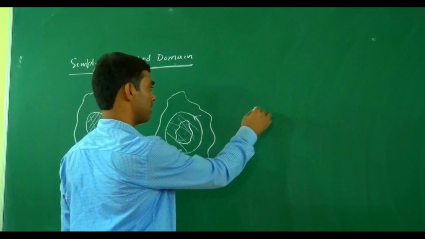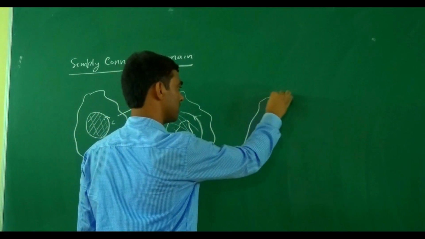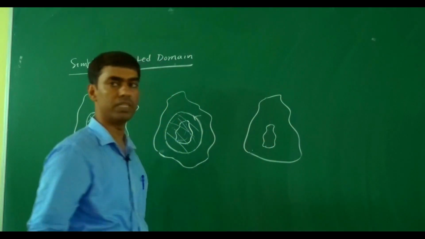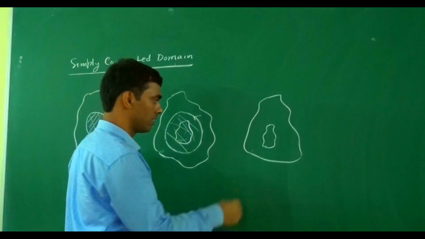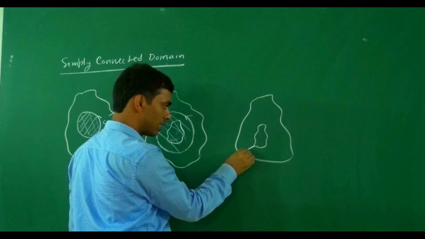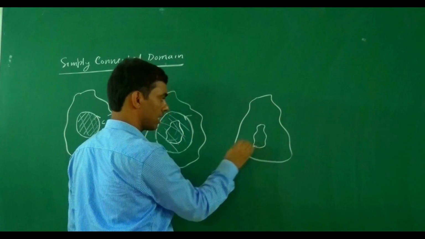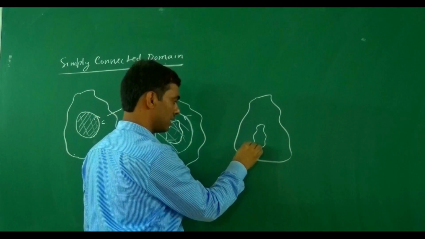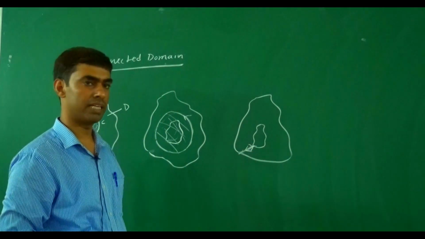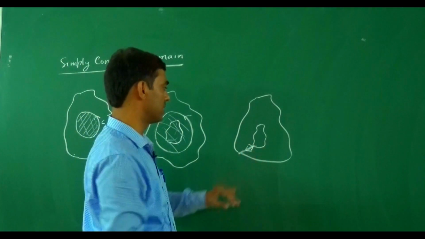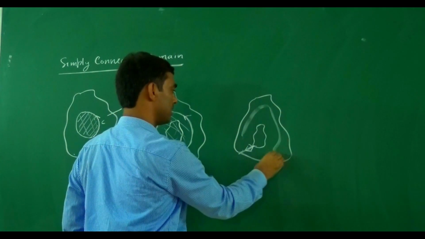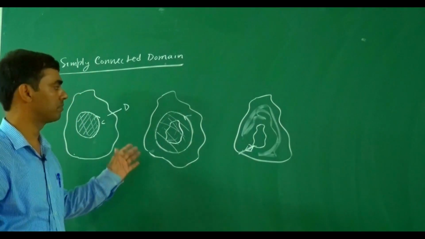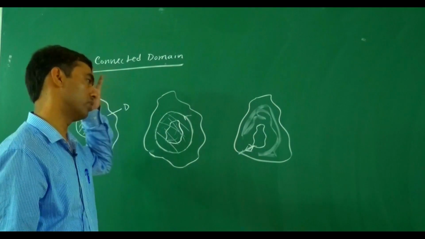If we draw a bidirectional path here, then this region becomes a simply connected domain.